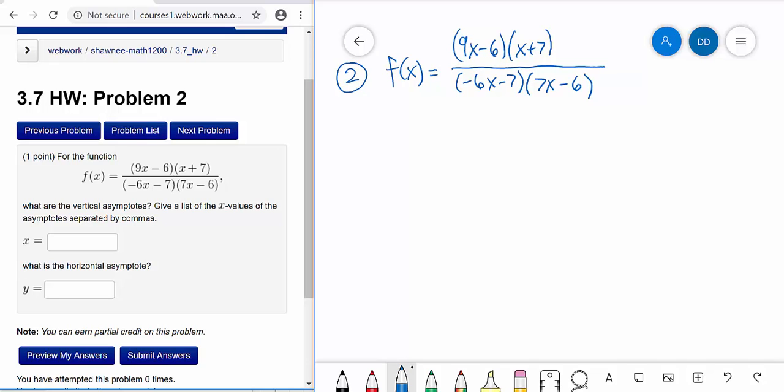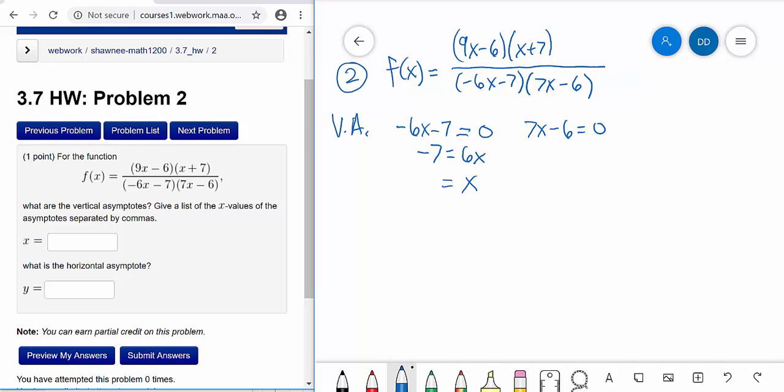Okay, so we have our function, and again, to find the vertical asymptotes, we set the denominator equal to 0, and I'm going to skip the step where I set the whole denominator equal to 0 and just set each factor equal to 0. And we get 6x equals negative 7.